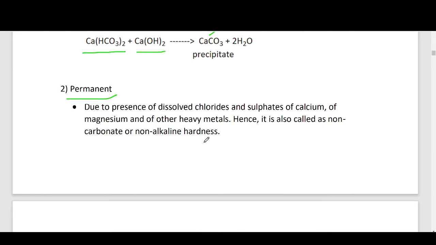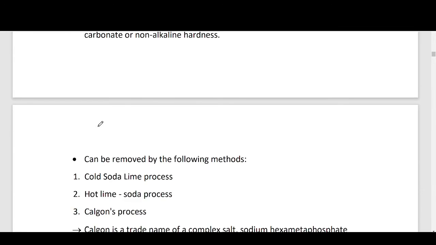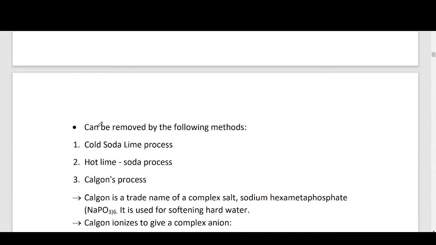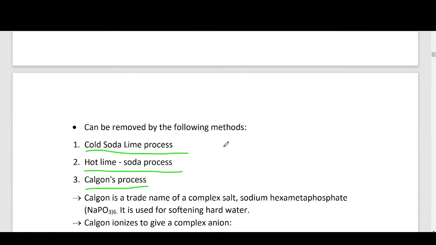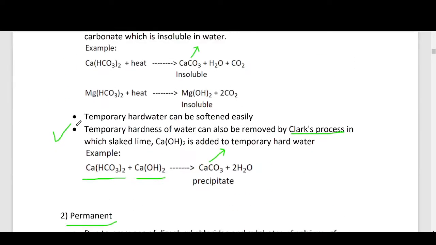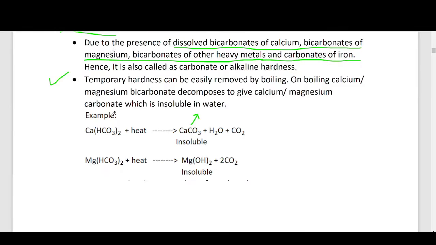Hence, it is also known as non-carbonate or non-alkaline hardness, as it contains no carbonate. Permanent hardness can be removed by cold lime soda process, hot lime soda process, and Calgon's process. Basically, in removing temporary as well as permanent hardness, we prefer these two methods as they remove both of them. So there's no need of using individual methods of removing temporary hardness.